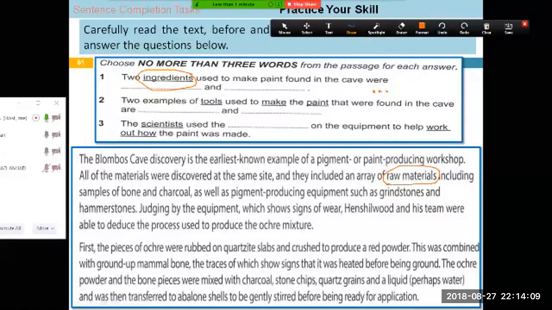Like if I say cement, crush and maybe steel, we mix all these things to produce maybe concrete. So now these three things will be counted as raw materials to produce concrete. And that means they are ingredients.